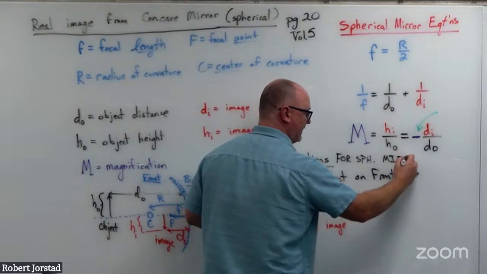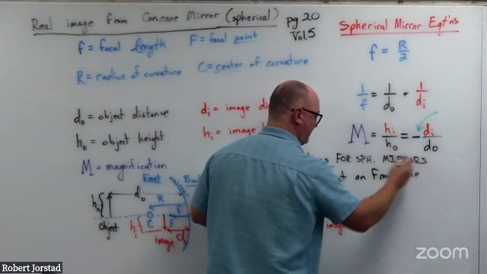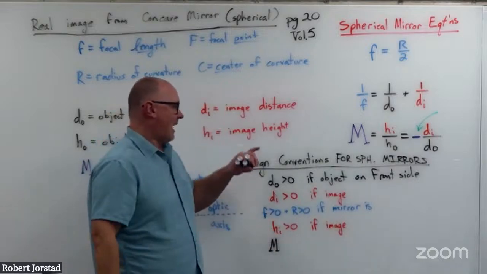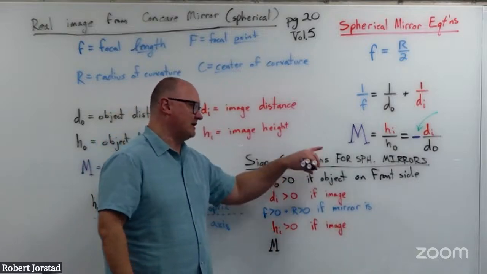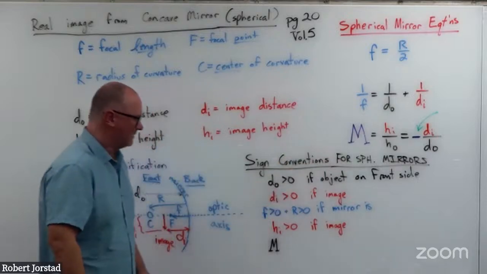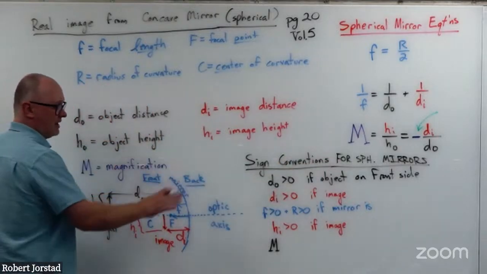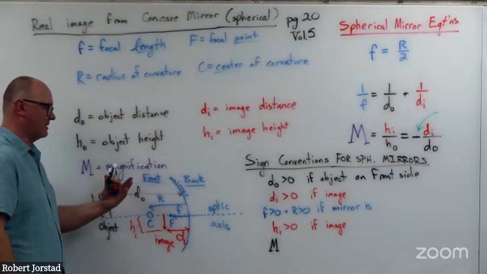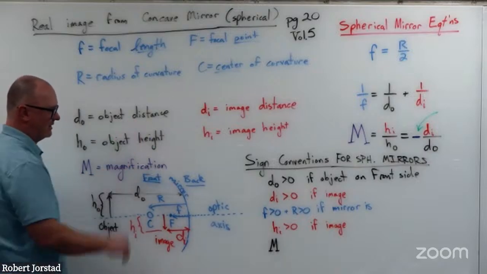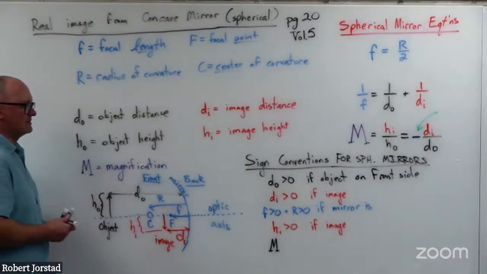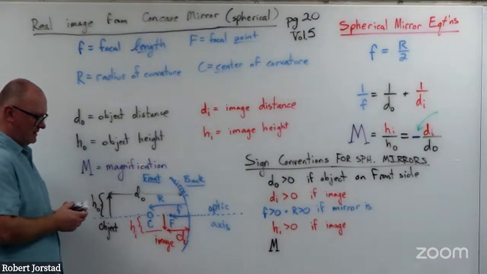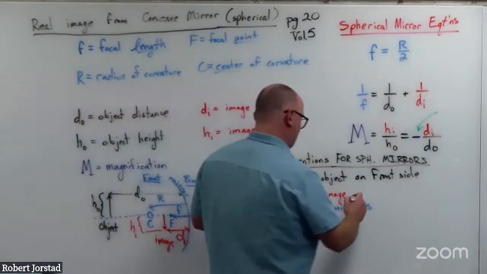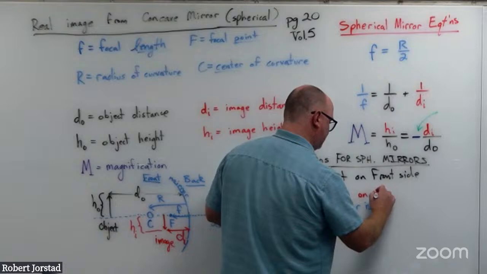The sign conventions are different for lenses and refracting surfaces, so it gets really confusing. I just want you to know that these are the conventions for spherical mirrors. That's true whether they're concave or convex. There's always a front side and a back side. The front side's always the shiny side of the mirror. The back is where you're not doing anything. So D_o is positive if the object is on the front side. In this case, D_image is positive on the front side.